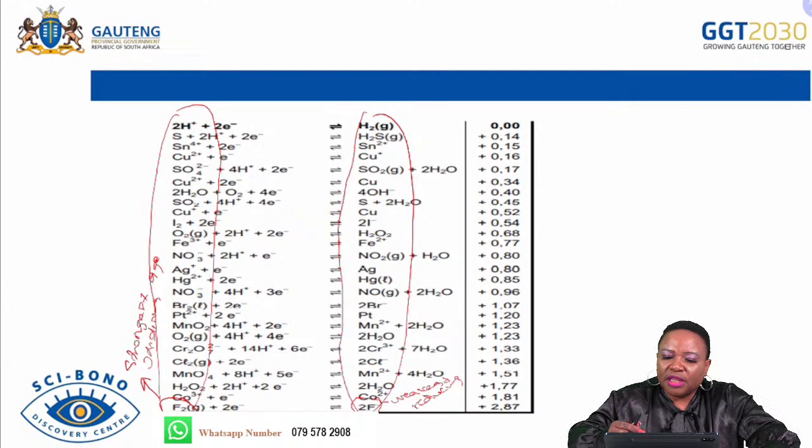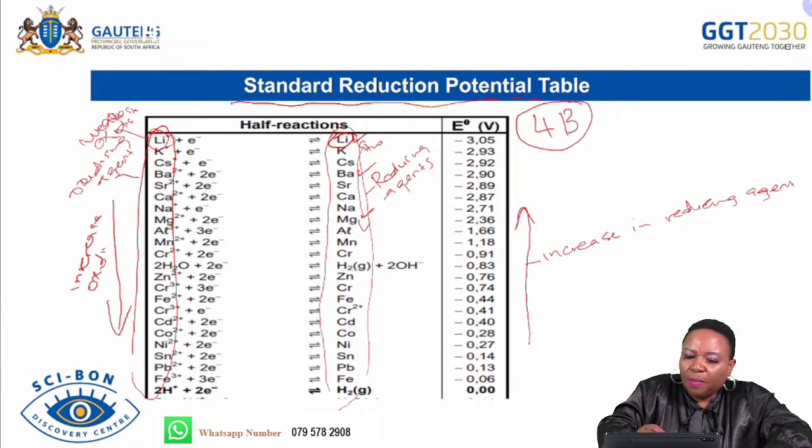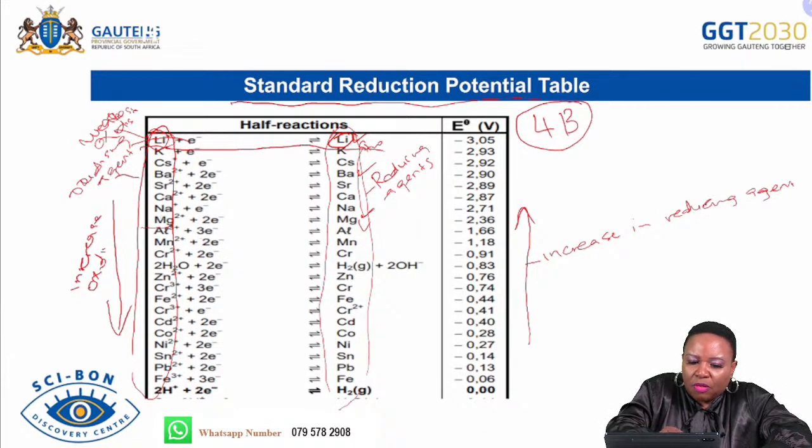Therefore, it is very important that, let me just go up to say, if we compare a lithium half cell with, let me just take this one, the cesium half cell, we'll see that lithium will be a stronger reducing agent than cesium.